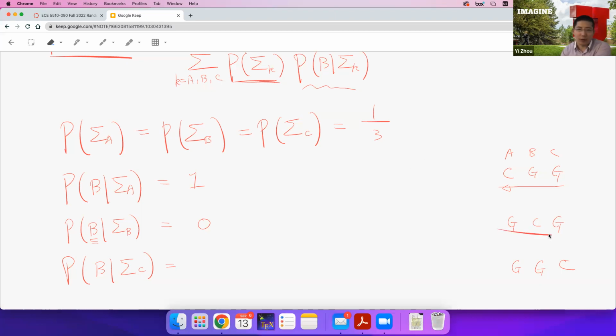The second one matches what I have in the notes, and the third one, this conditional probability.